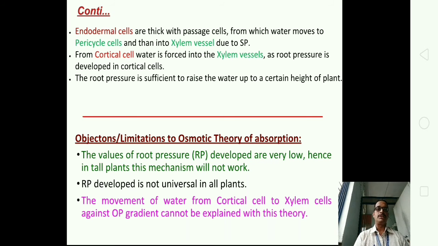So, it totally depends upon the value of the root pressure developed. We can say 1 to 3 atmospheres are found in general plants, whereas 6 atmospheres is according to this theory we are discussing.